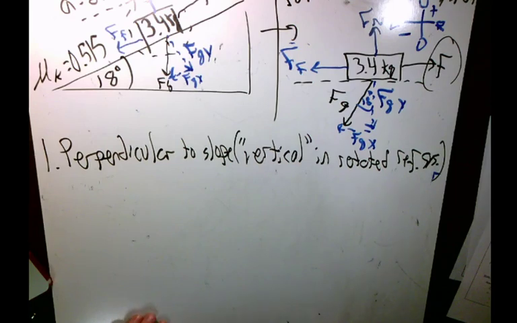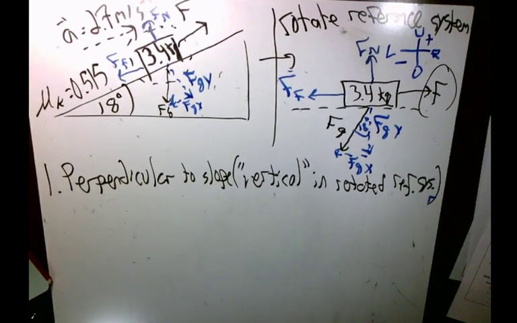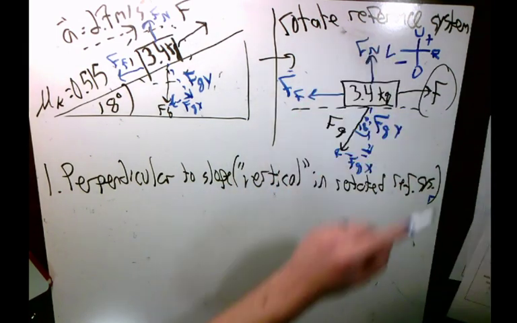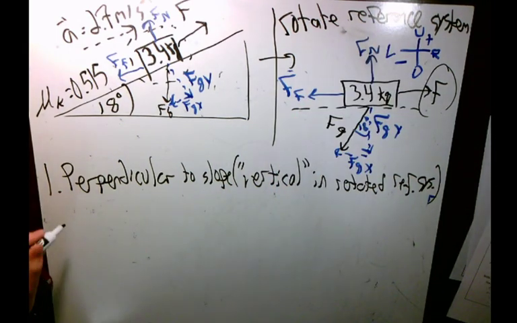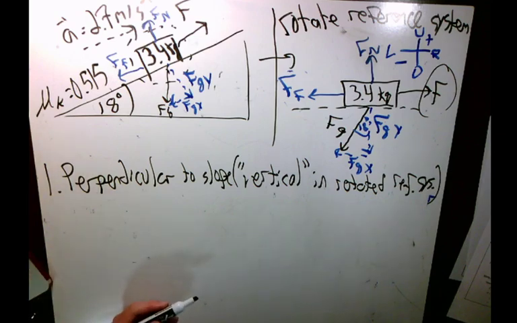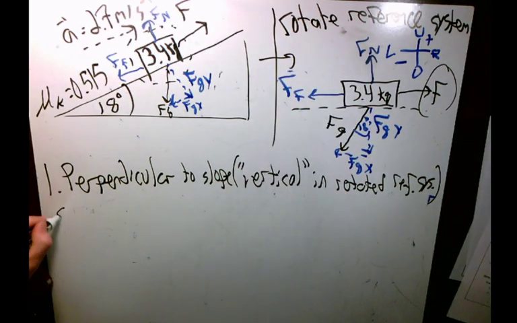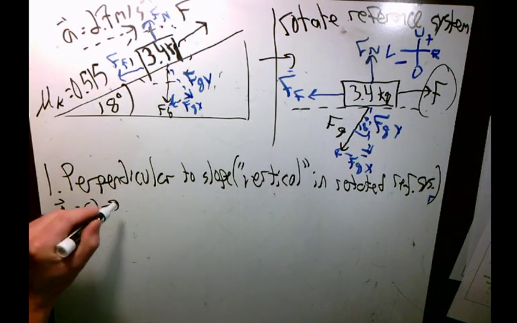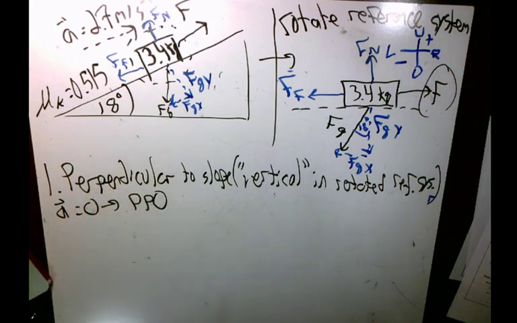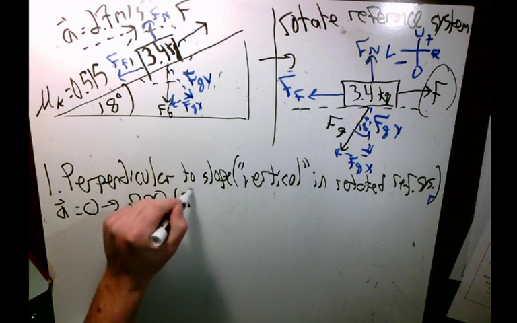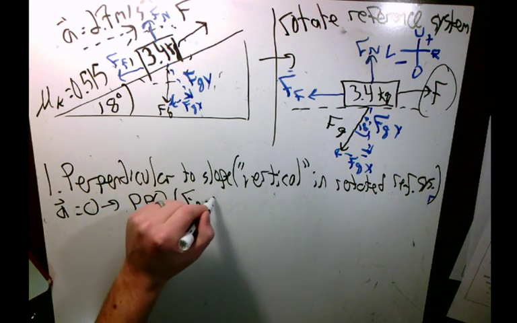Okay, so everything that's happening in my vertical or my Y, my up and down direction, I have, first of all, no acceleration because it's on a surface. It's not bouncing up and down off the surface. Acceleration is equal to 0, so I'm using Newton's first law, uniform motion, where F net is equal to 0.